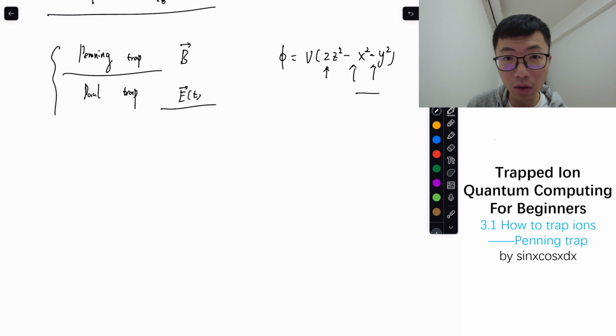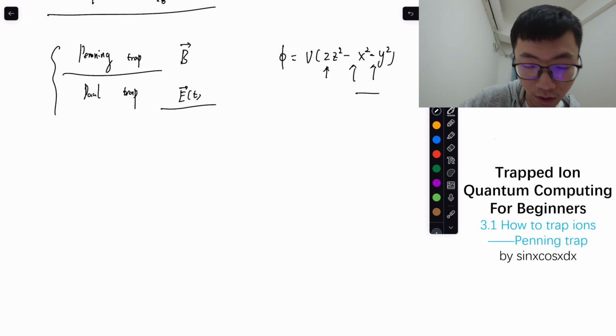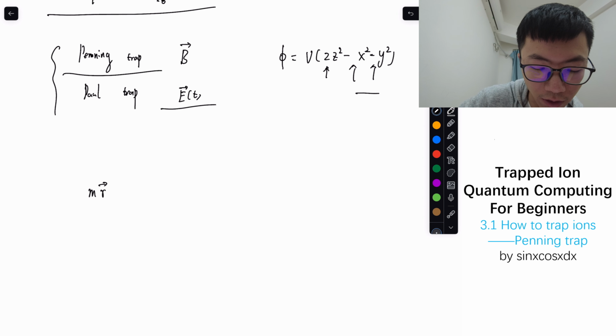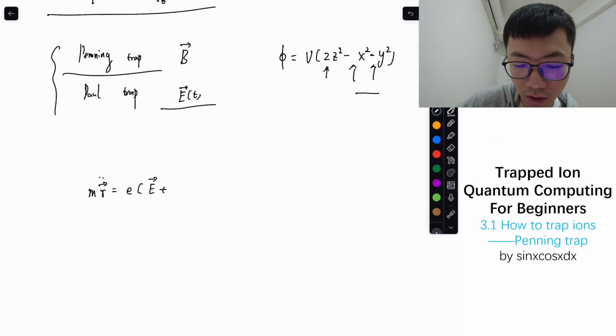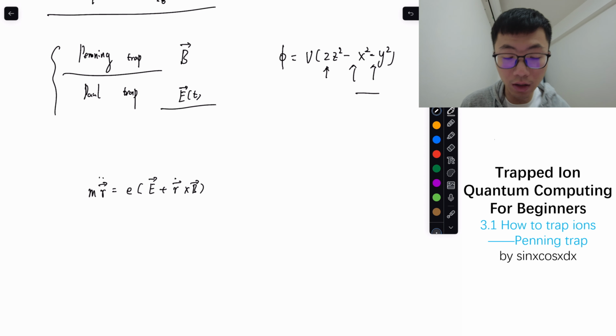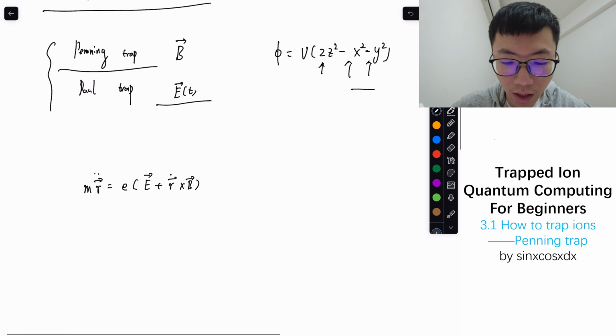Let's do it. In Newton's second law, we have this, which equals the force on the ion. Since the ion has one positive charge, it's just this way, right? And then we can see what the electric field is.